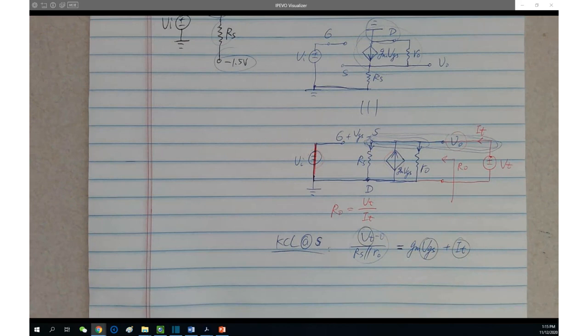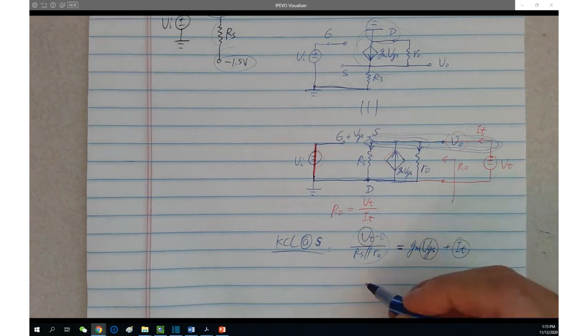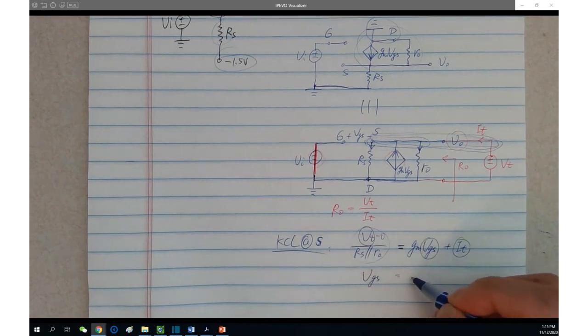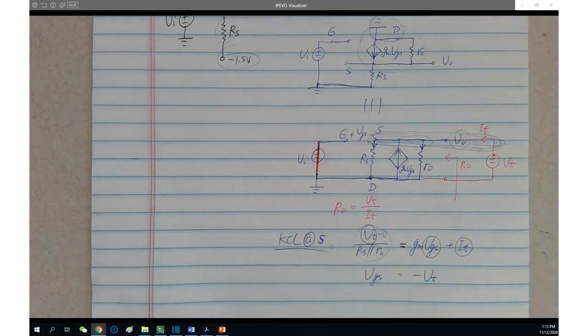Vgs equals negative Vt. Very good. Vgs equals to negative Vt. And how do we get there? Josh? Let me just check the polarities of Vgs and the test source.